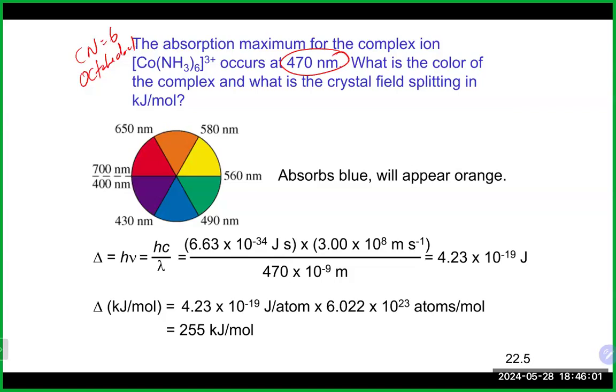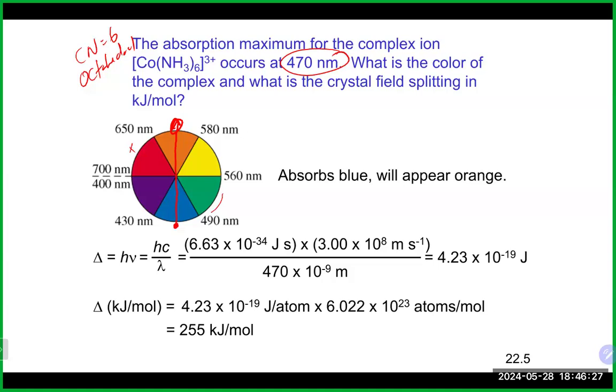And we want to know what color is the complex. So we know 470 would be in this ballpark. And again, it would not be blue. It would be absorbing blue, but to us, it would look orange as we go with the complementary color wheel over here. That's why when you have the red samples, you set it more in the greenish area when you set your wavelength, because your sample solution was red.